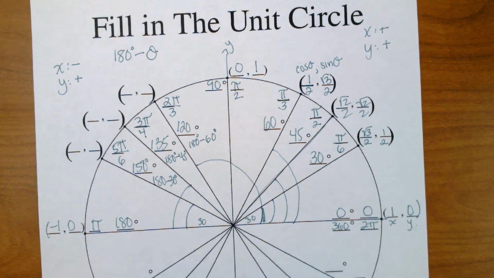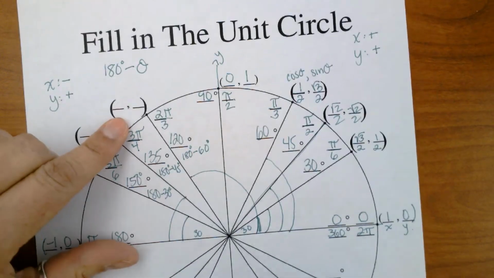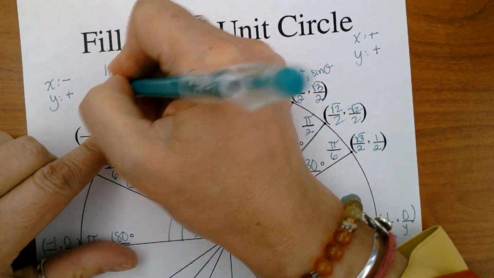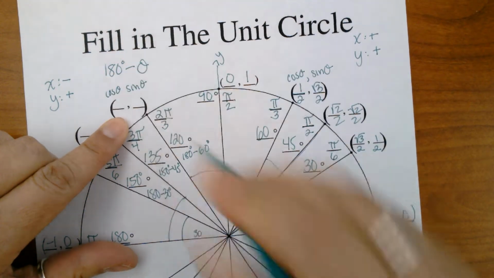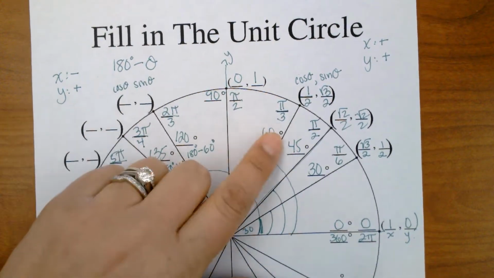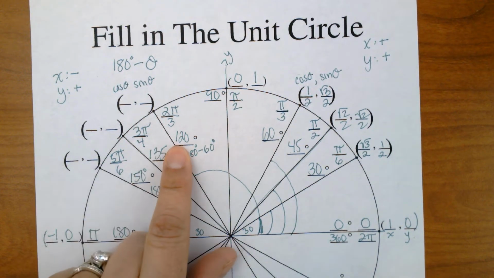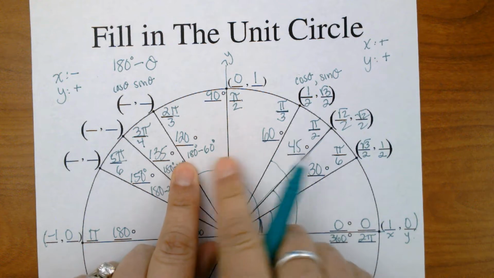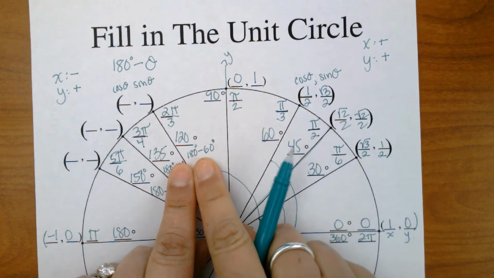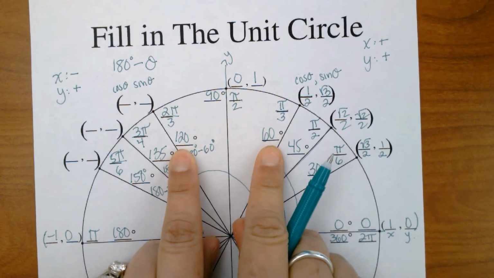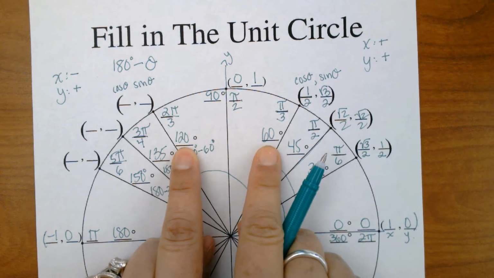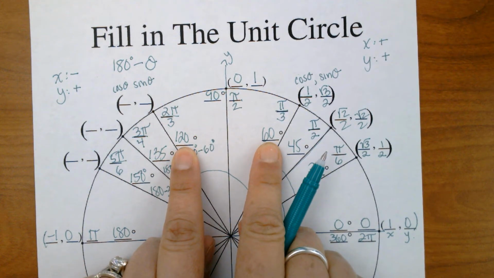Okay, let's find out what the values of our cosine and sine would be. This is where knowing the first quadrant comes in. We have 120, which has a reference angle of 60. So it was 180 minus 60. If we add these two together, everybody, we get back to 180.